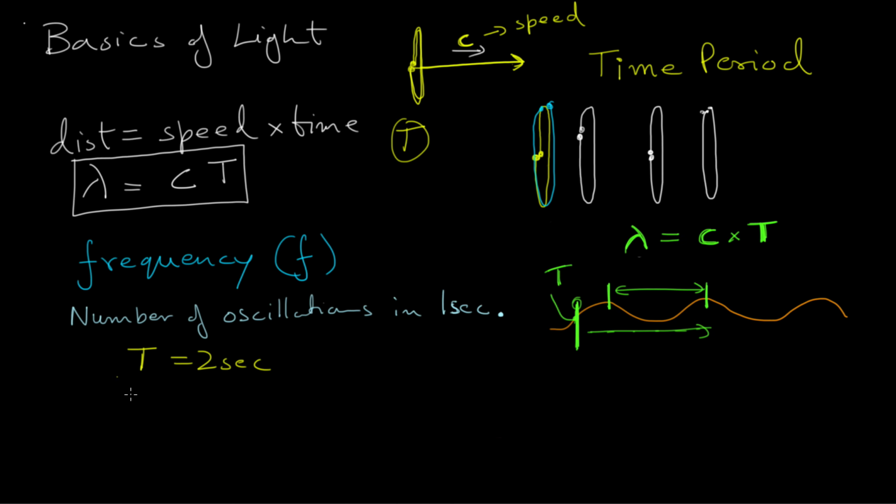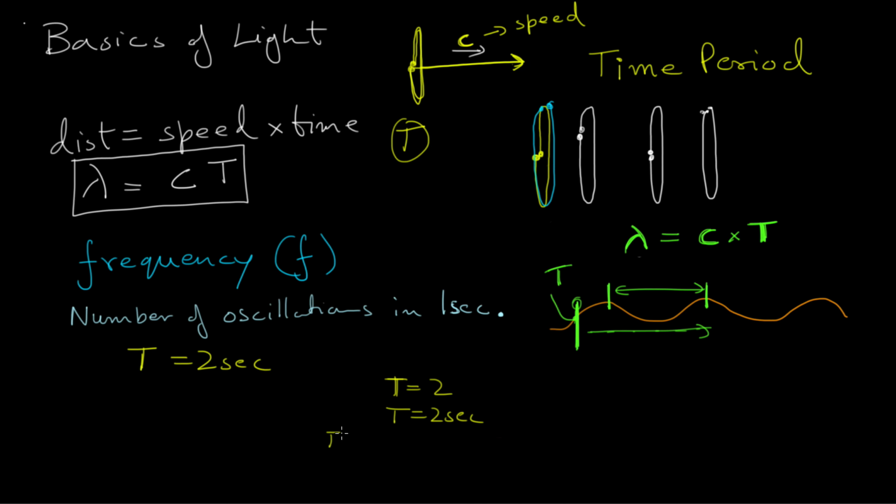But anyway, for time period is 2 seconds, you don't think T is equal to 2, not at all. That is how some people think. Wrong, your mind should not work like that. A better mind reads T is equal to 2 seconds, but this is also far from good.